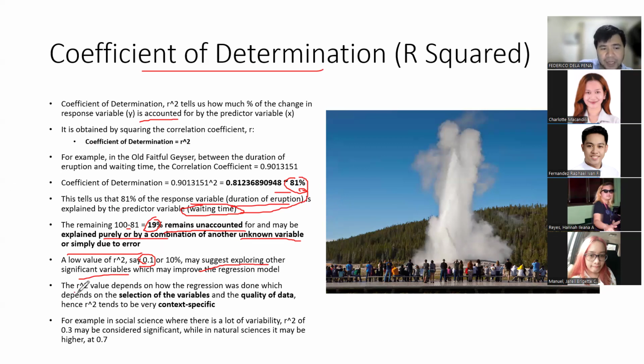And of course, the interpretation of your R squared value is very context specific. Why? Because it hinges on how you did your regression analysis, which in turn will depend on which variables you selected. So this is very crucial in your regression analysis.